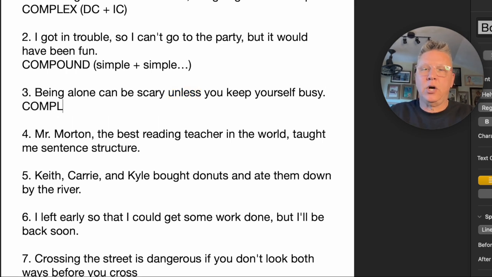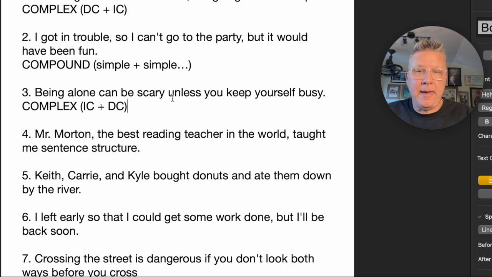So this one is also a complex, but it is an independent clause plus a dependent clause, which underscores the point I made that when the dependent clause is at the end, there's no comma. Now, if I had taken unless you keep yourself busy and I put it at the beginning, then I would need the comma. So hopefully you're catching that.